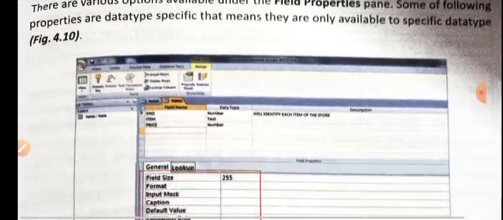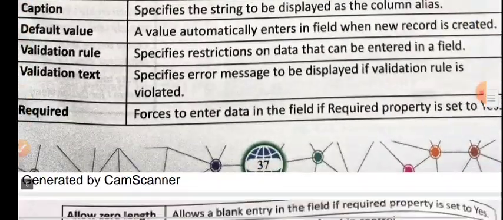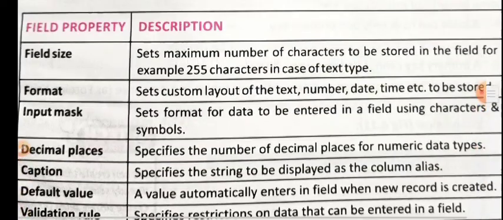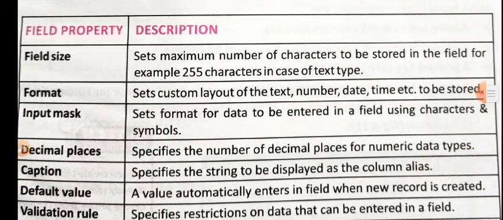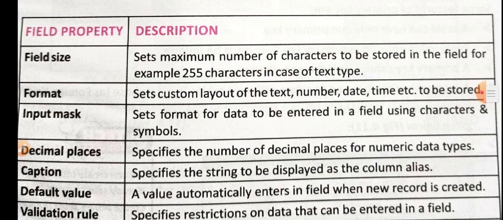Now these are the field properties. Means when you are assigning a particular field, the field properties can also be decided, like the size of the field, in which format you want to take the data, at which decimal place it can be done, and what will be the caption of the field.